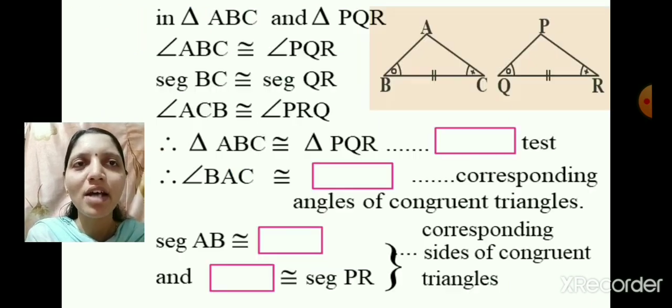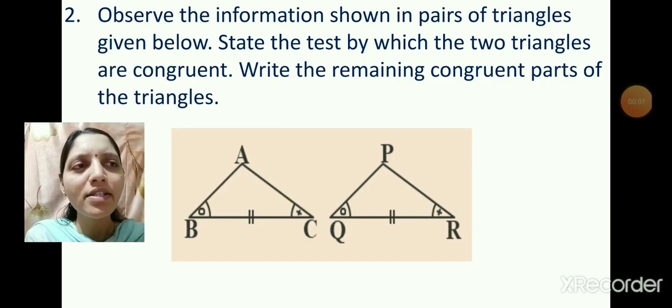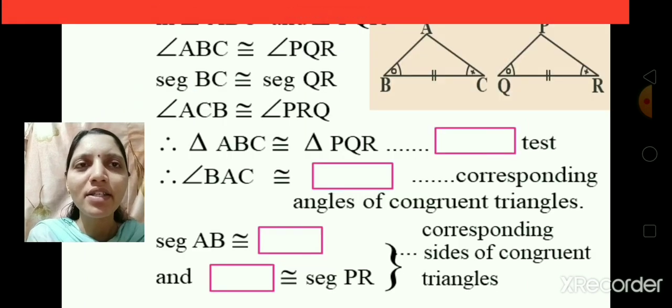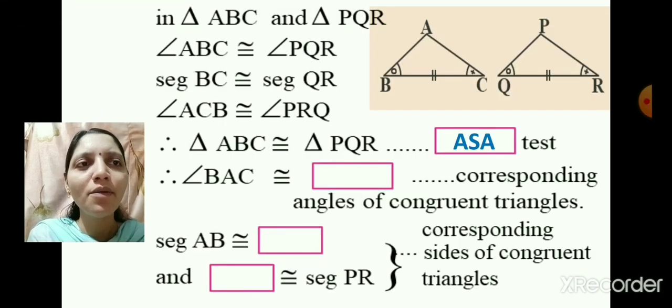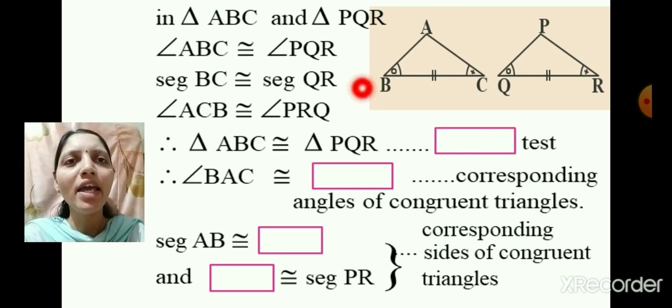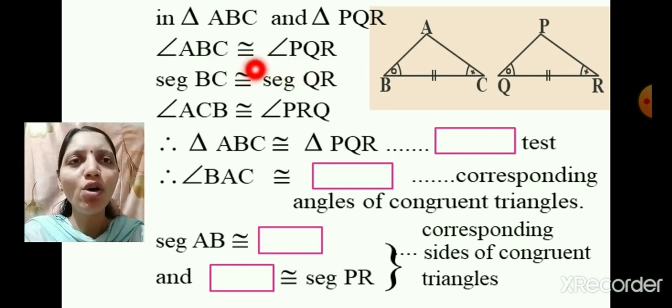So let's start this, and this is an activity based question. So you only have to fill in the blanks. The answer is given to us. So let's see how to write the answer. In triangle ABC and triangle PQR, angle ABC is congruent to angle PQR.